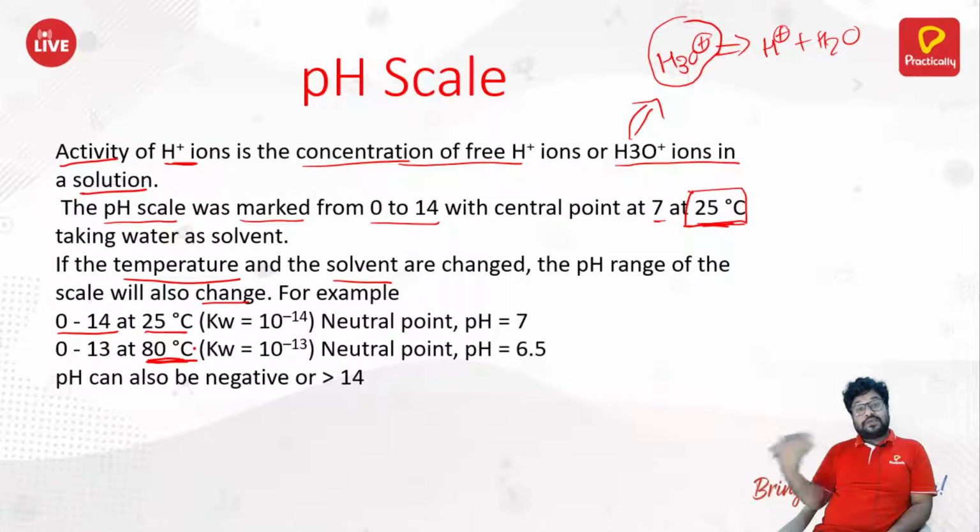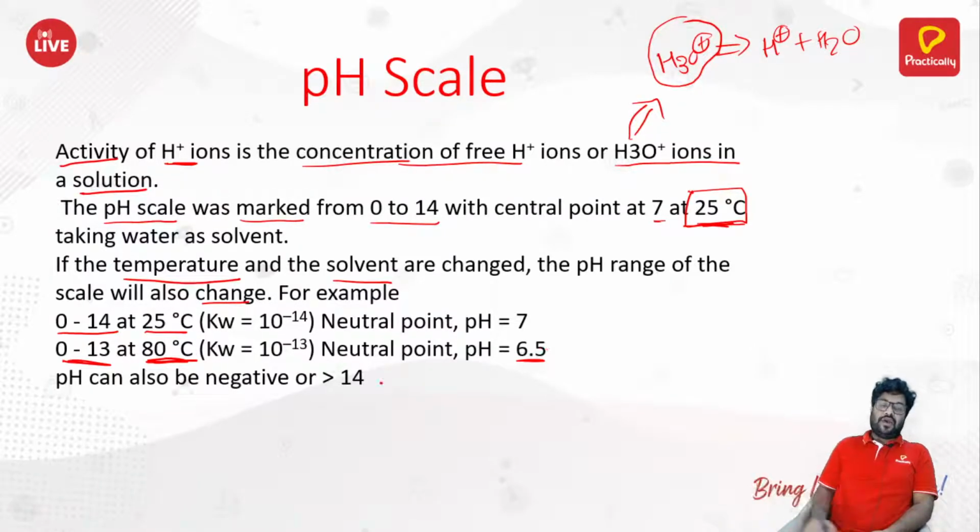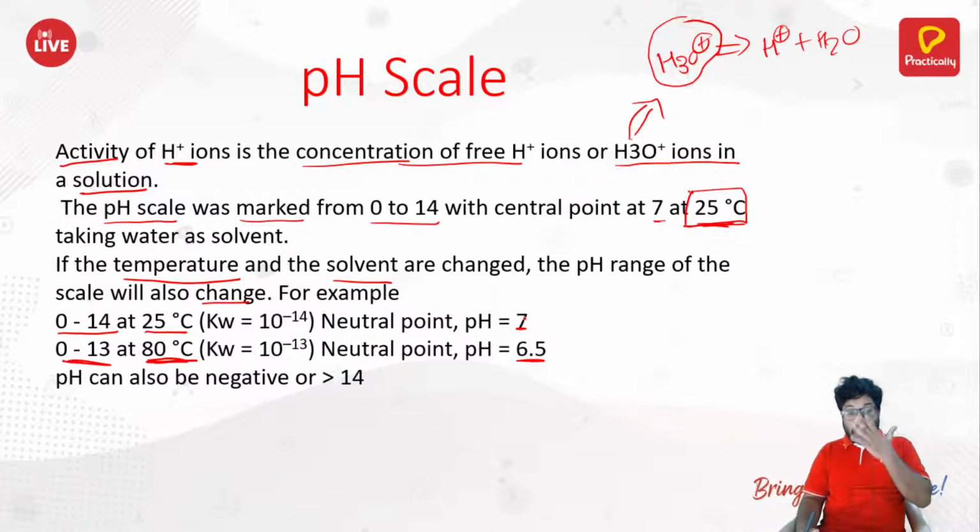Why? Because it is an endothermic process. So now your water has dissociated more, and your pH scale has changed from 0 to 13. Now your neutral point will be 13 divided by 2. 13 divided by 2 is how much? 6.5.